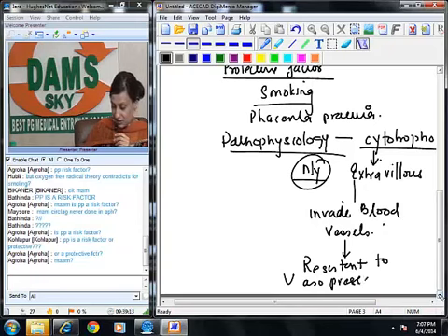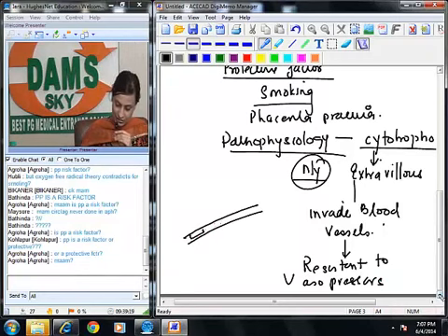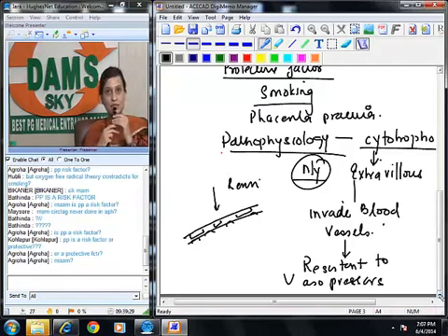If a blood vessel is lined by these extravillous cytotrophoblasts, then even if a vasopressor comes, for example renin or angiotensin, this blood vessel will not constrict. It will remain dilated because of this coating, right?